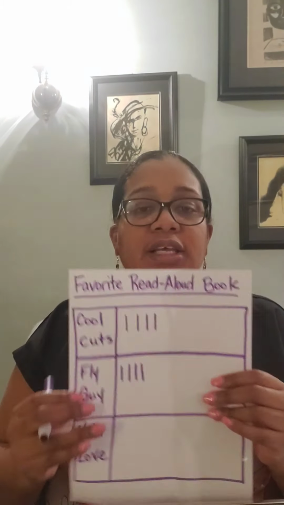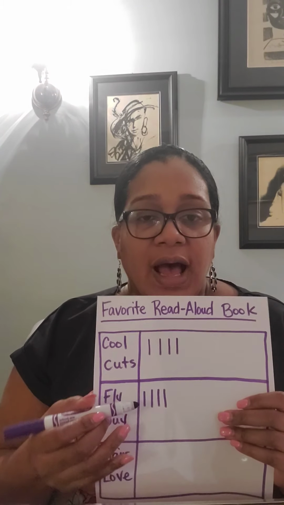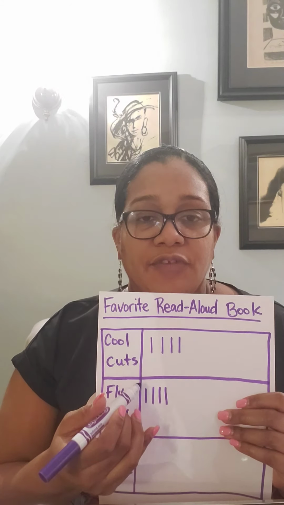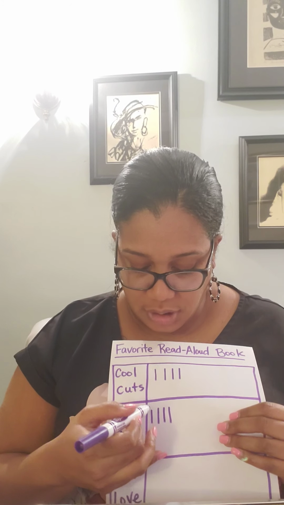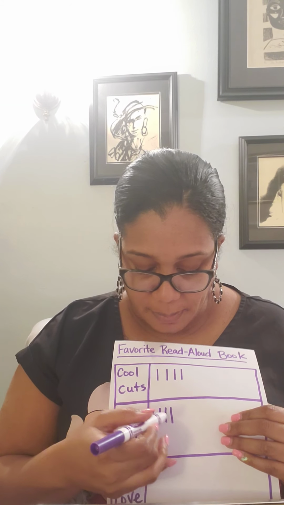So let's go ahead and let's do this. I have 1, 2, 3, 4. Now, when I get to my 5th one, I'm going to draw a line from the top left-hand side to the bottom right-hand side like this.